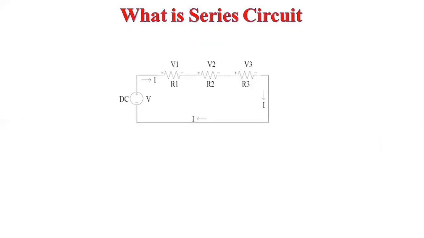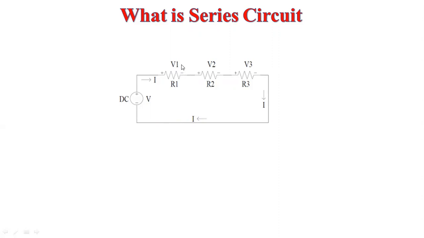So we start our topic, what is a DC series circuit. As you see in the diagram, we have a series circuit like this. Suppose if we want to connect circuit components, we say resistances are connected in series. Okay, so how do we connect these resistances in series?